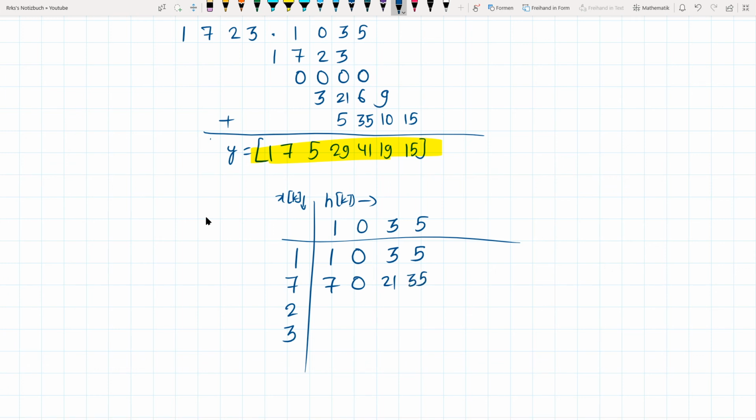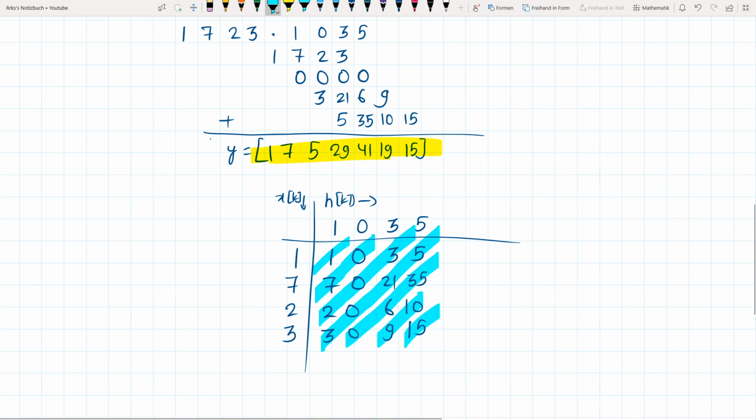You repeat the same process with 2. It's 2 times 0, 2 times 3 is 6, 2 times 5 is 10. Now 3 times 0, 3 times 3 is 9, and 3 times 5 is 15. So after you have done that, you add it up along the anti-diagonal axis. So you basically add it up in this manner, each way. Now let's see what we get.